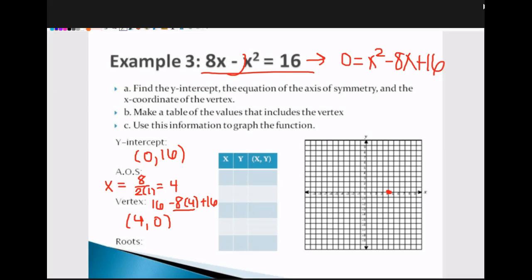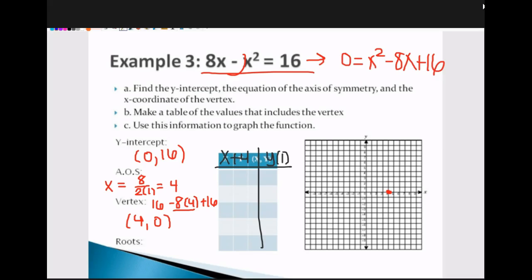Oh, interesting. Okay. So it's x plus h, y plus k. So in this case, h is 4. Y is 1.